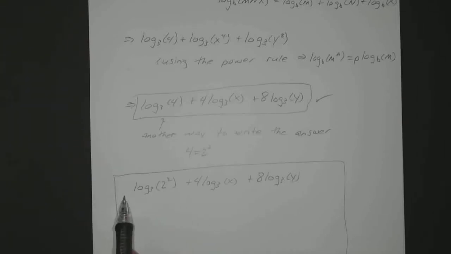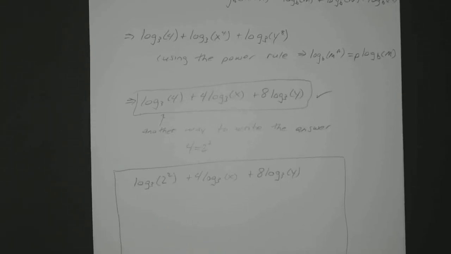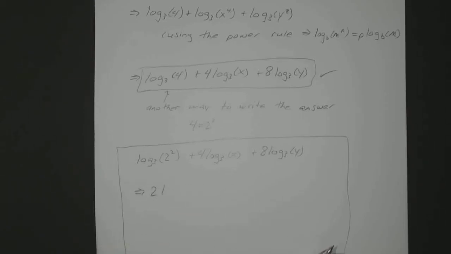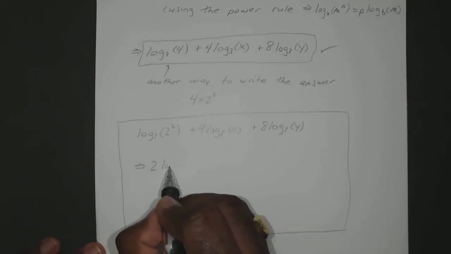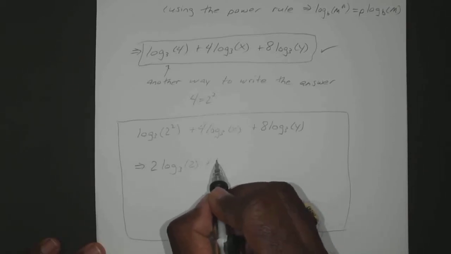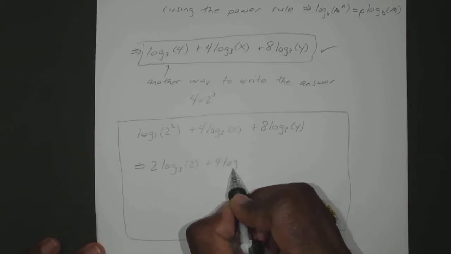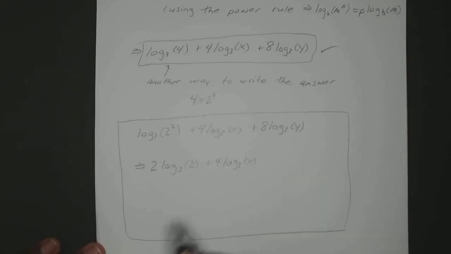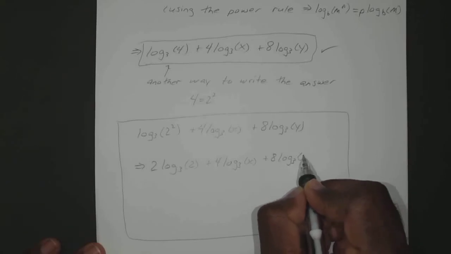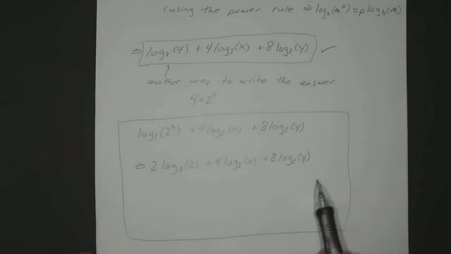So now that 2 can come down to the front. So it's 2 times log base 3 of 2 plus 4 times log base 3 of x plus 8 times log base 3 of y. It's the exact same answer, just written a different way.